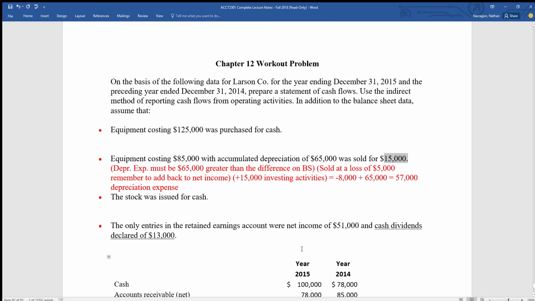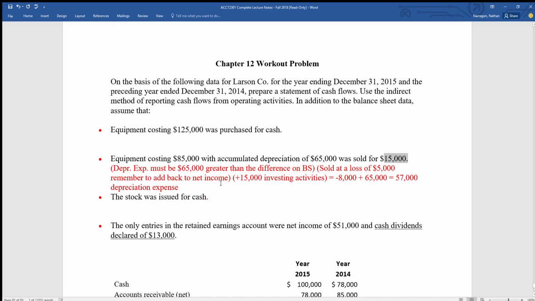So we have a loss. So depreciation expense must be $65,000, greater than the difference on the balance sheet. Sold at a loss of $5,000. Remember to add back to net income plus our $15,000 investing activities. So we have that negative $8,000 plus $65,000 equals about $57,000.